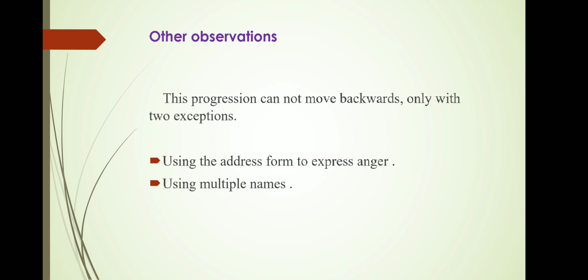They noticed that this progression cannot move backwards. For example, once a speaker has begun to use the first name, he will never use the title last name again with the same person, right? There are only two exceptions. The first one is when using the address form to express anger, right?